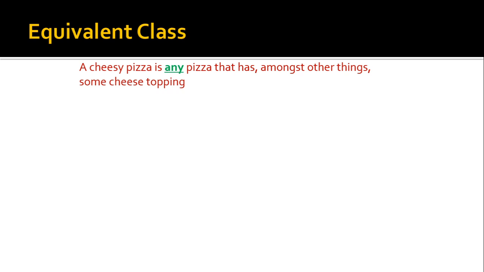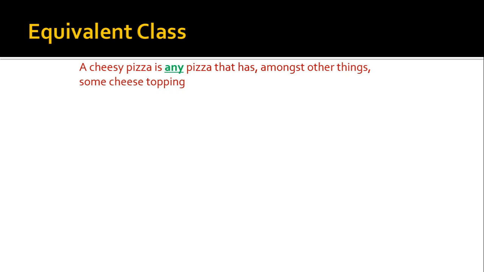So, for example, if we try to model this: the cheesy pizza is any pizza that has, amongst other things, some cheese topping, right? What would be our decision point? Whether to use equivalent class or subclass?